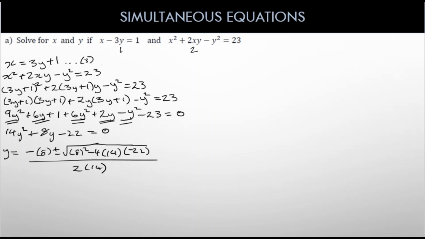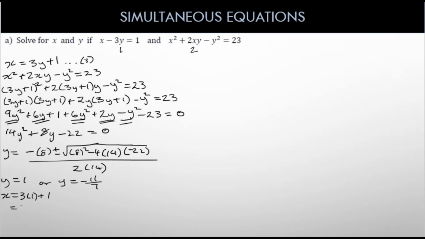So y is equal to 1, or y is equal to negative 11 over 7. Because we've established that x is equal to 3y plus 1, if y is equal to 1, I'll have x is equal to 1 plus 1, which now equals 4.